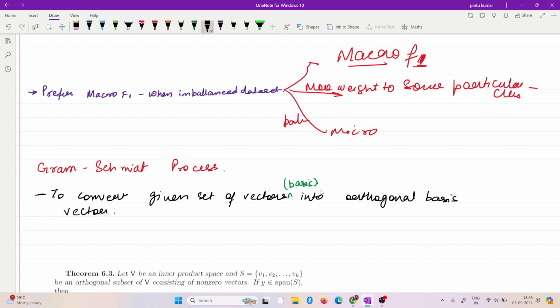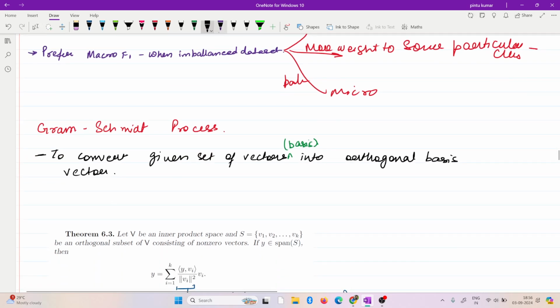Just a reminder, what is meant by orthogonal vectors? Two vectors v1 and v2 are orthogonal if the inner product between them is 0. And what are orthonormal vectors?